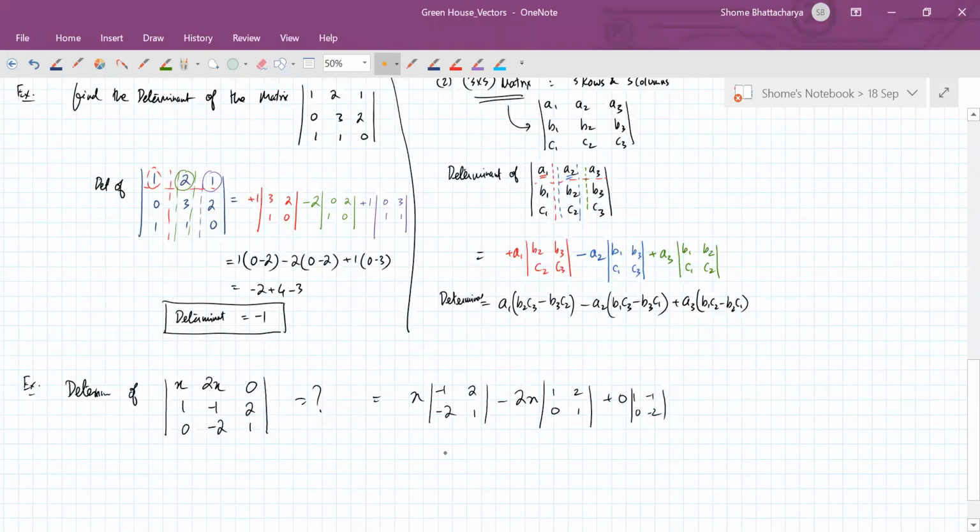Okay. So it is x into minus 1 plus 4 minus 2x into 1 minus 0. So it is 3x minus 2x. For me, the answer is coming as x. Very good, that's correct. Okay, so this should be a final answer.